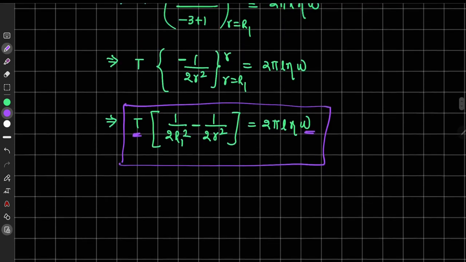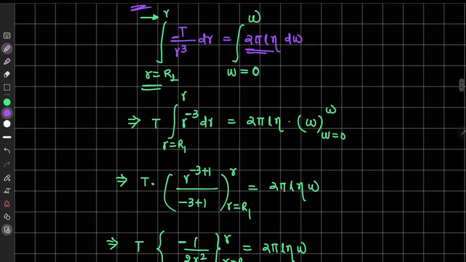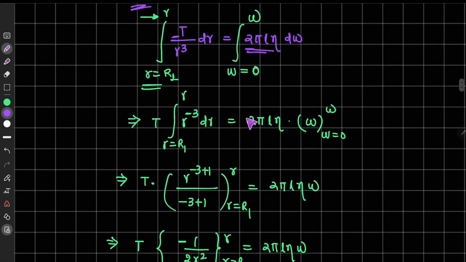So for that, let us integrate this particular expression from r is equal to capital R1 to r is equal to capital R2, because at r is equal to capital R2 we know the angular velocity, that is omega 2.